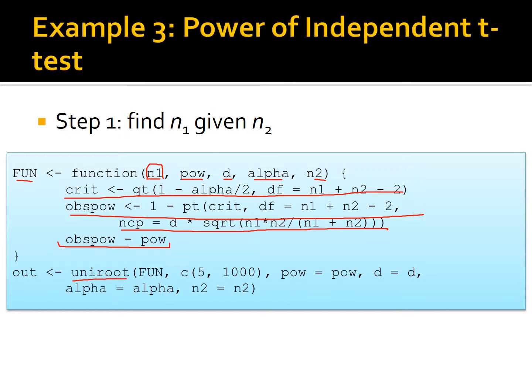I use the uniroot function to get n1. The boundary of n1 is 5 and 1000. Power is the desired power, d is Cohen's d, alpha is alpha, and n2 is given. So we know n2, we calculate n1.